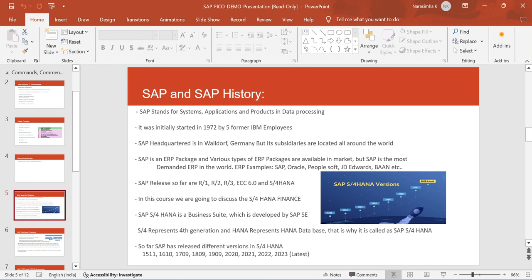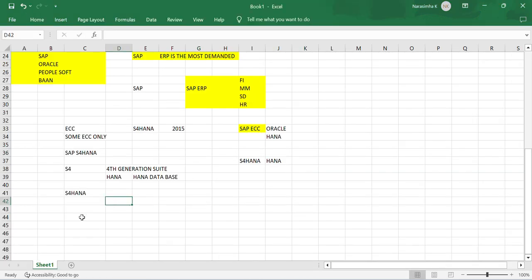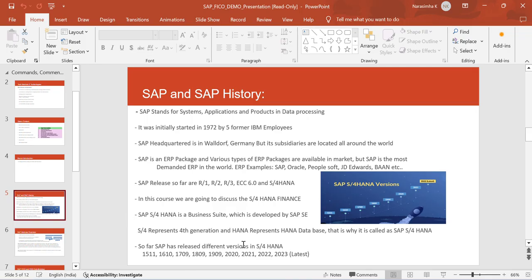So far in SAP S/4HANA also different versions are there. SAP has released different versions in S/4HANA. Versions are like 1511, 1610, 1709, 1809, 1909, 2020, 2021, 2022, 2023.